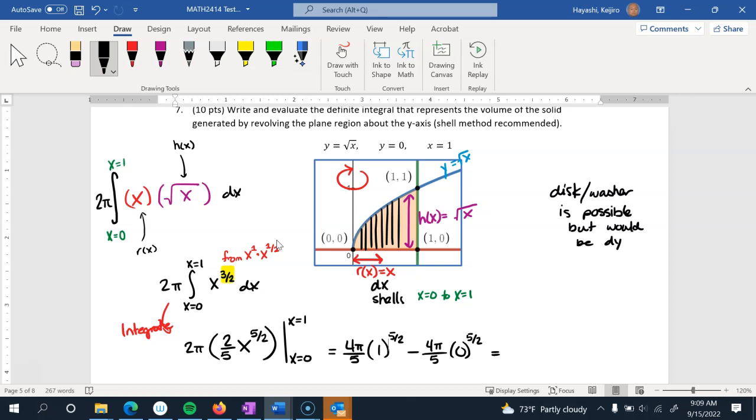But it won't always be. Eventually there'll be one that doesn't. And just 1 to any power is 1. So this just ends up being 4/5 pi cubic units of volume whenever you rotate this out.